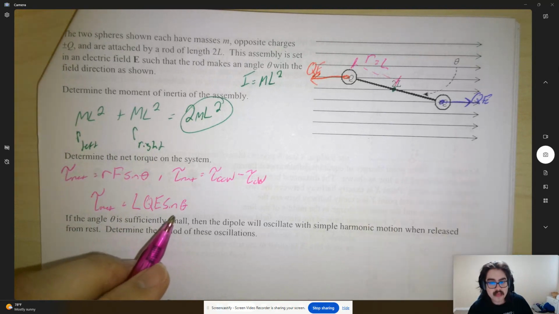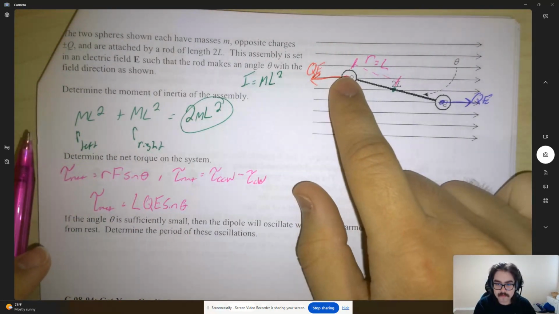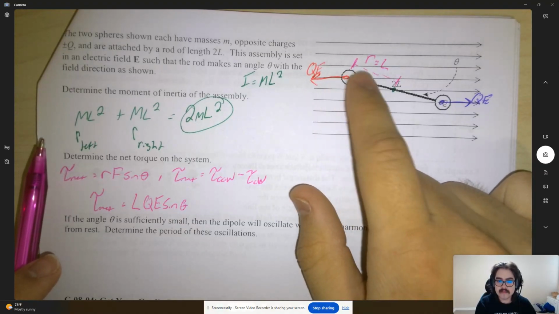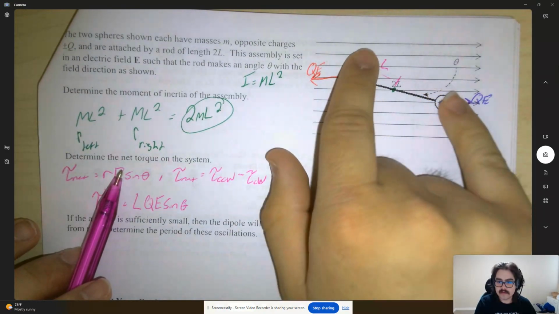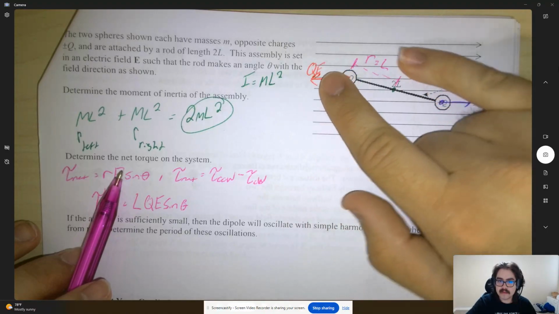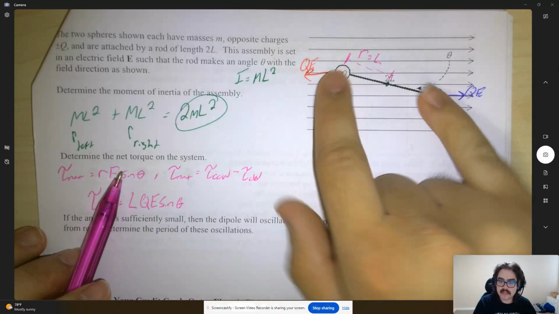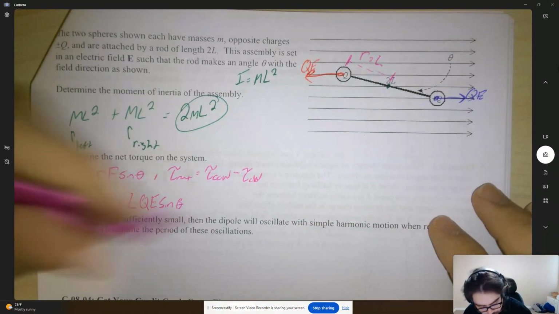And it's not just one torque doing it. These are actually both working together. They are going to cause the system to rotate counterclockwise.